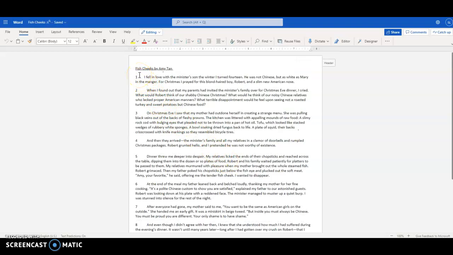In the first paragraph, we learned that this is being told through Amy's perspective because she's using "I," so obviously Amy would be a character that we want to write down. She brings up the minister's son. His name is Robert, which we learn a little later in this paragraph.